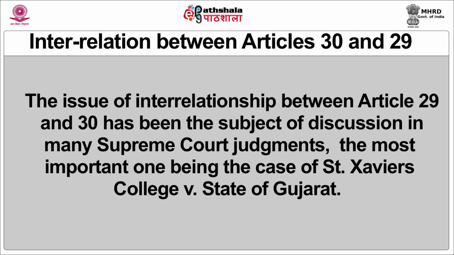The issue of interrelationship between Articles 29 and 30 has been the subject of discussion in many Supreme Court judgments, the most important one being the case of St. Xavier's College versus State of Gujarat. On the interrelationship between Articles 30 and 29(1), the Court held that Article 30 covers institutions imparting general secular education.